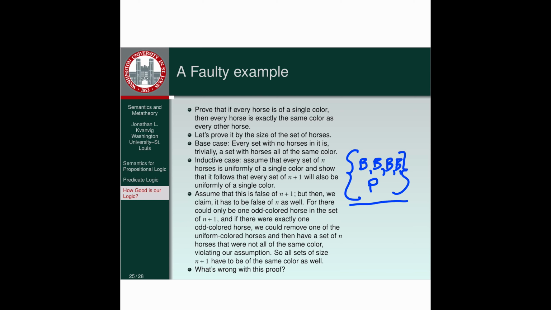So if you have a set like this, you can generate a set of 4 by dropping any member you want from the set of 5. Well, one way to do it leaves you with a set of 4 same-colored horses. Drop the palomino. But notice you could drop that one. Now you have a set of 4 that aren't all of the same color.